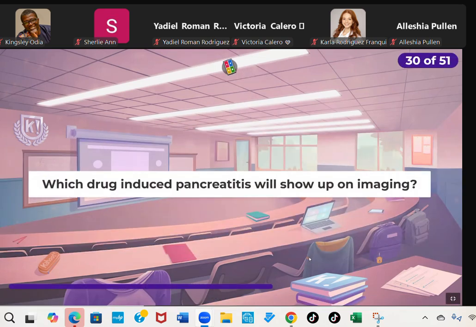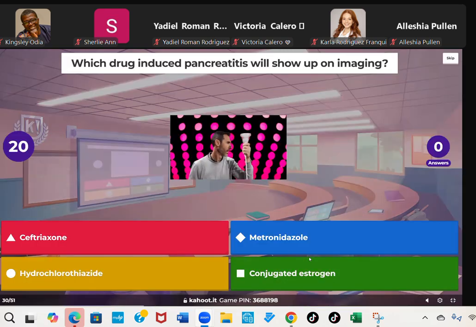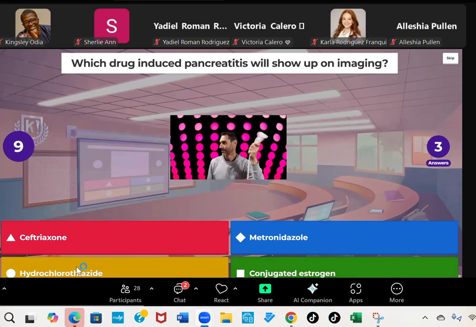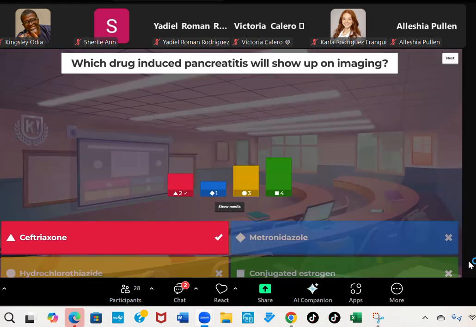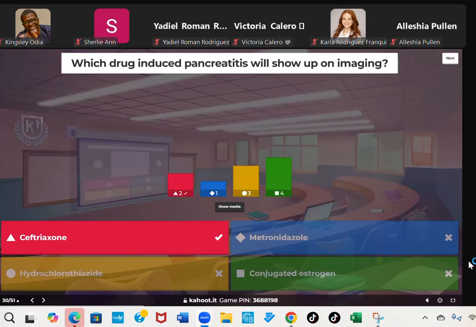Okay, which drug-induced pancreatitis will show up on imaging? Ceftriaxone, metronidazole, hydrochlorothiazide, conjugated estrogen. Oh, all right.